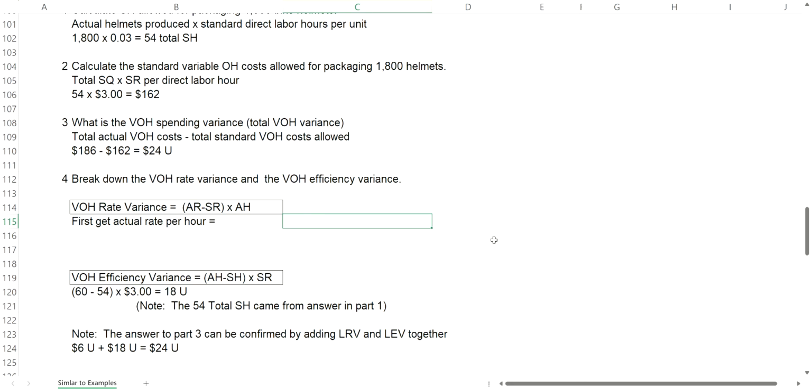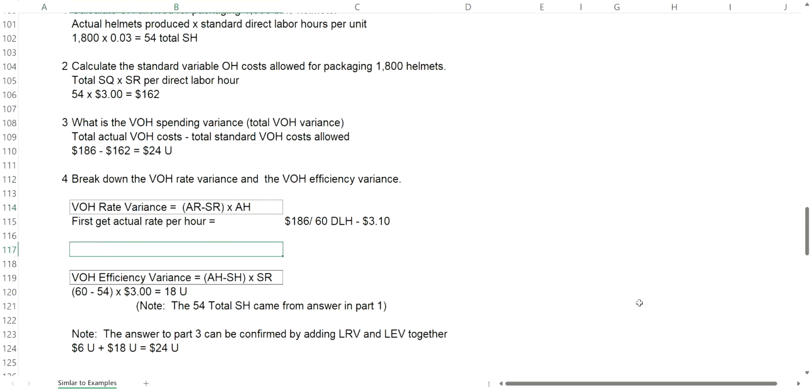Okay, so if I take $186 and divide it by 60 direct labor hours, that gives me $3.10 per hour.